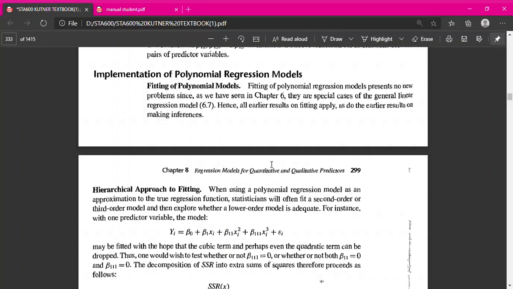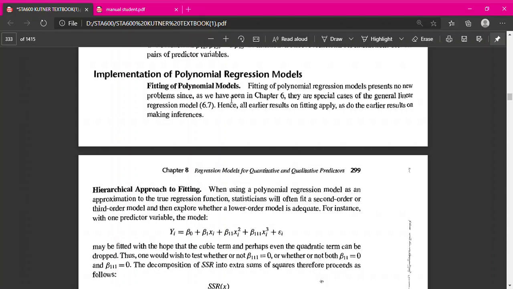So implementationnya first of all macam biasa kita boleh fitting the polynomial model. Fitting of the polynomial regression model represents no new problem since we have seen in chapter 6. Macam sebelum ni juga kita boleh fitkan dia, maksudnya nak cari value all the beta tu. Sebelum ni kita boleh gunakan matrix kan, ataupun boleh gunakan software juga.